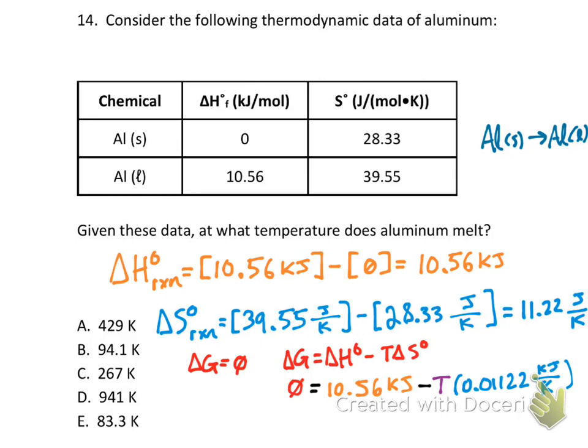This gives us 0.01122 kilojoules per Kelvin. Now we're going to add T times 0.01122 kilojoules per Kelvin to both sides, and then divide both sides by 0.01122 kilojoules per Kelvin. Kilojoules will cancel out, and we'll end up getting that T is equal to 941 Kelvin.